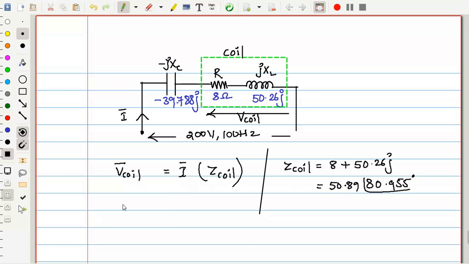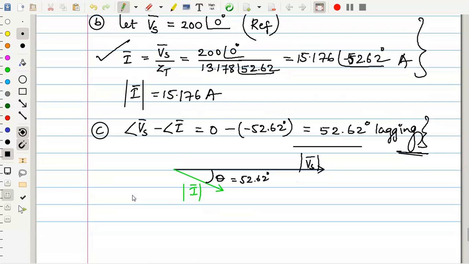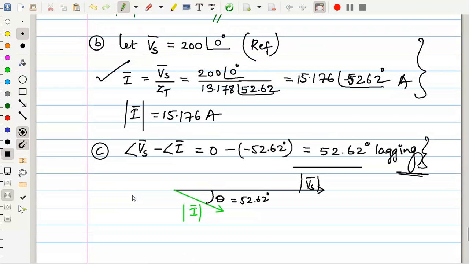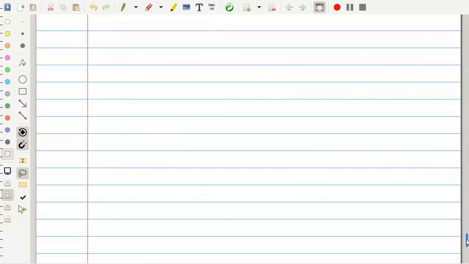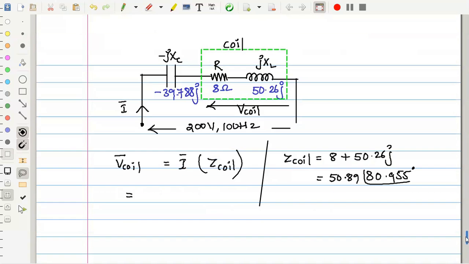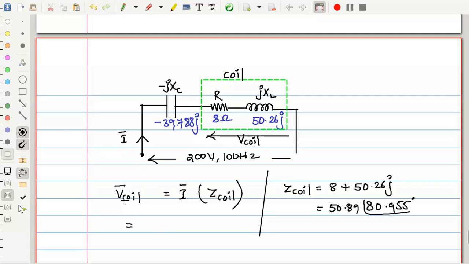Now we already know that the current is already calculated. How much is the current? This one is the current, and the current includes the phasor. So there is some advantage: even if they don't ask for phasor calculations, I will do that, because here I can directly use that current. So this is the current into the coil impedance.